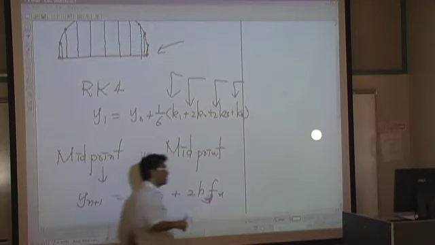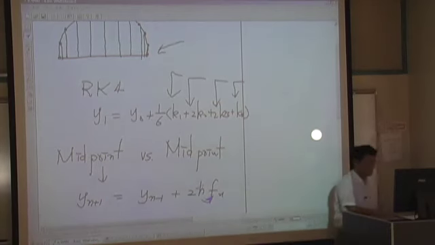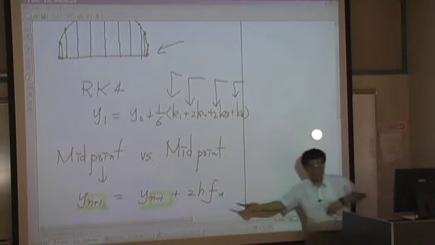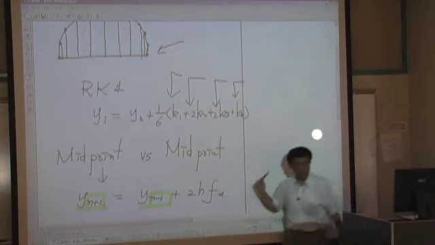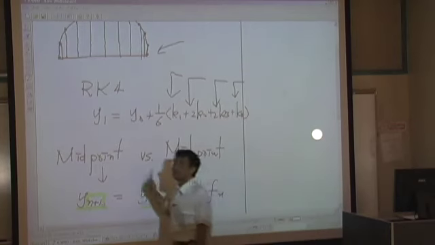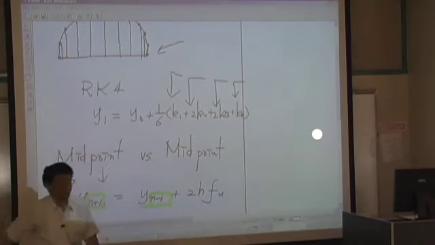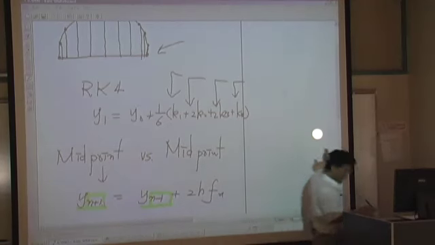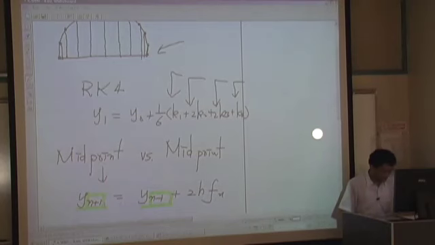So never ever use this midpoint rule, skipping the current position. The previous and the next average should not be used because it will blow up very fast. Then what is called the midpoint method? That will be explained very soon. So take a look.